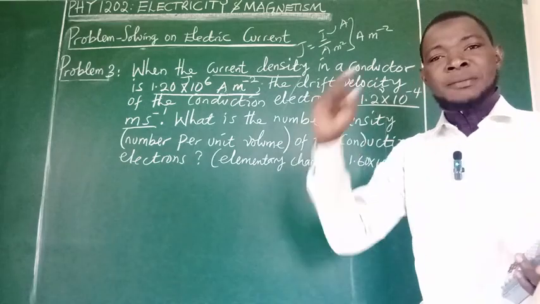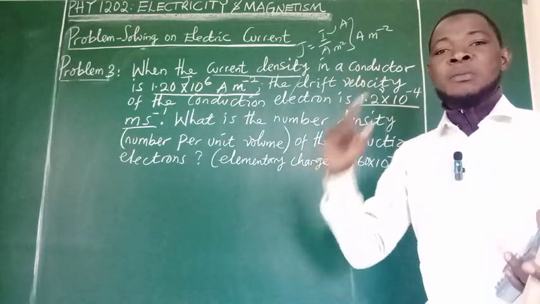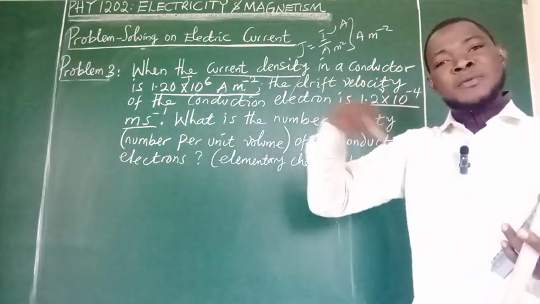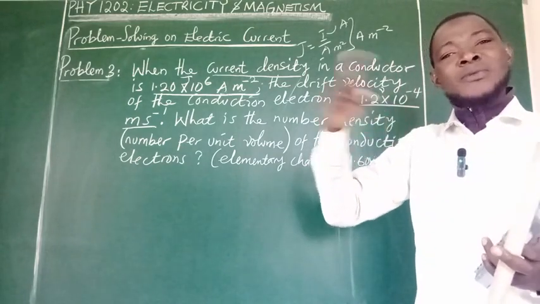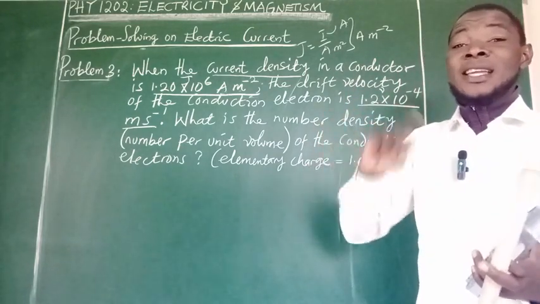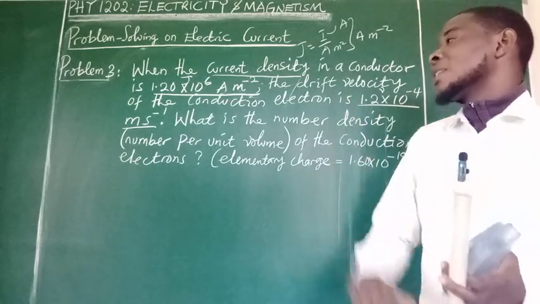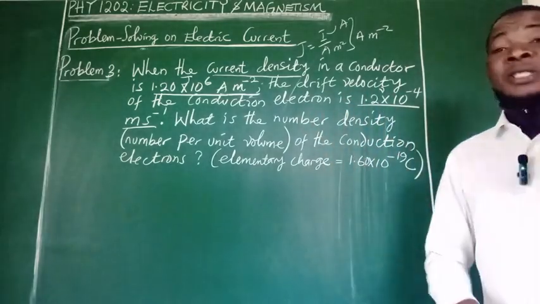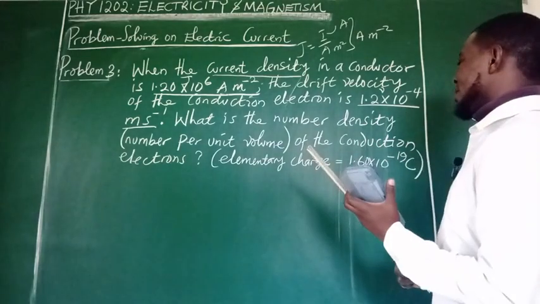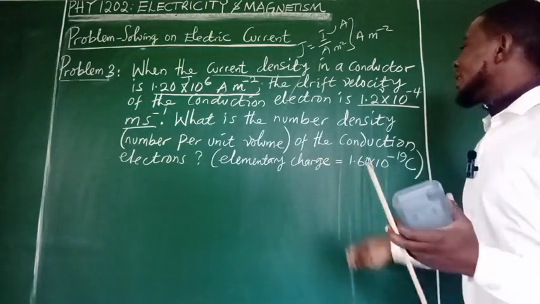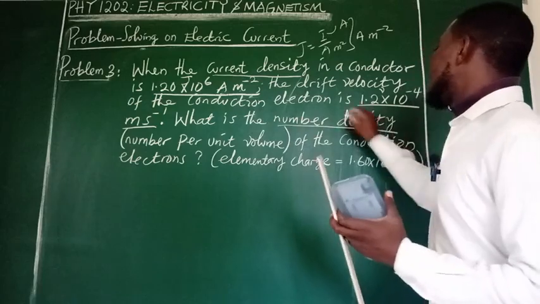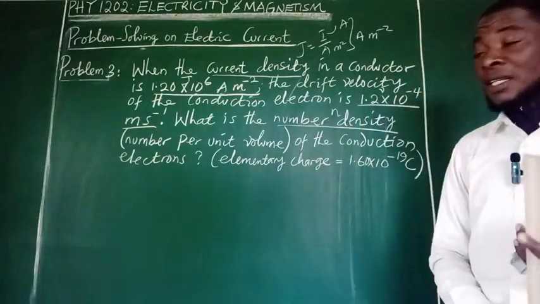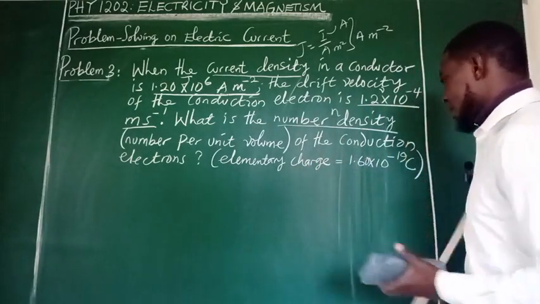For every 1 cubic meter volume of the material, the number of free electrons generating electric current there is what we call number density or charge carrier density. We give it the small letter n, and the unit is per cubic meter.